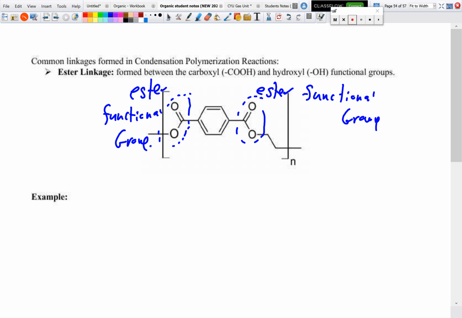So this tells us that we needed to link them together. Right here, this is our carboxylic acid, and on the end right here must have been an alcohol, to form this ester linkage.